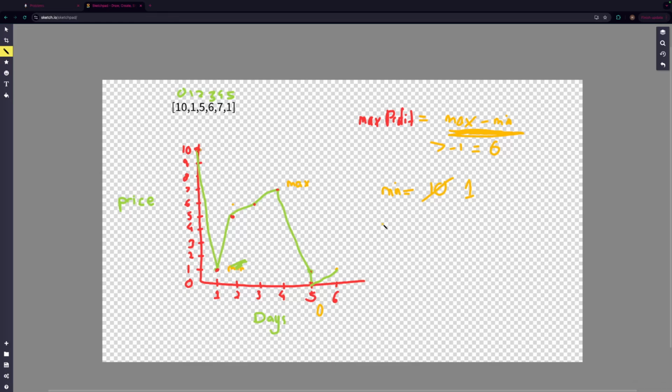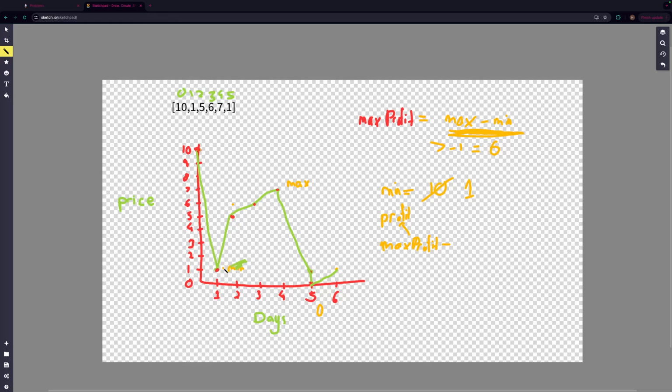And in this iteration, we can calculate the profit, but we can also have a max profit variable. Basically, every time we go to the right, we calculate the profit and compare it with max profit. If profit is greater than max profit, then we just set max profit to be profit.